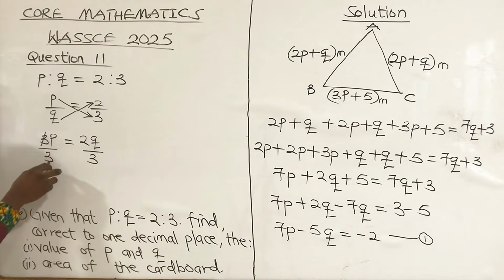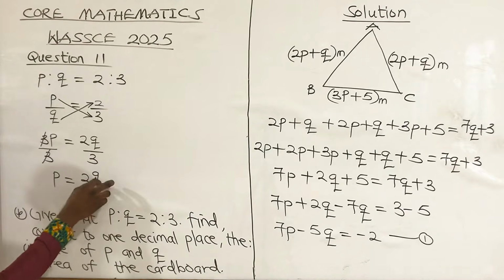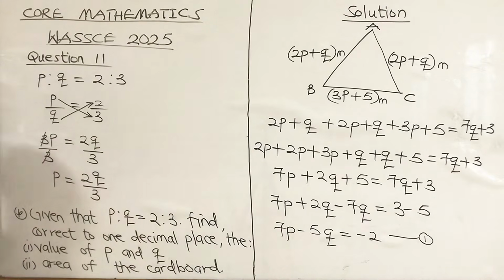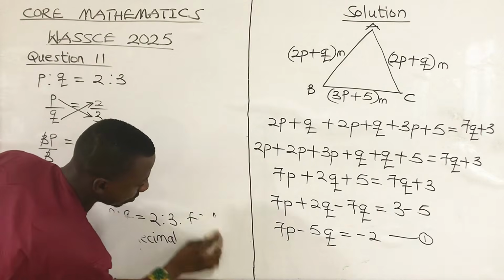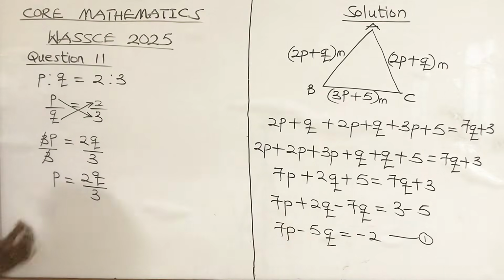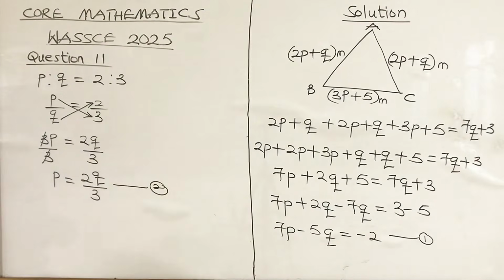This takes off this, and I have p equal to 2q over 3. This will be my equation 2.